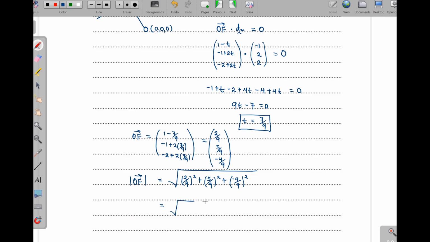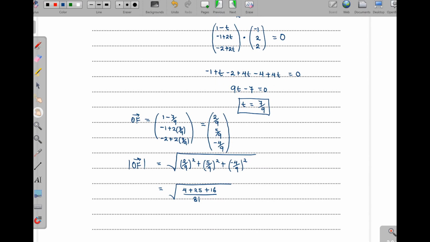When you square the 2, you get 4. Then when you square the 5, you get 25. Then when you square 4, you get 16. Then you square the 9, the common denominator, that is 81.